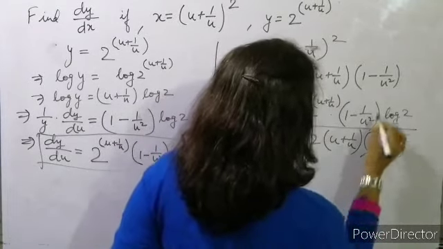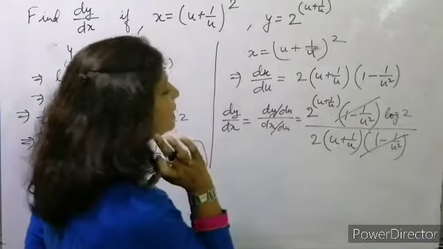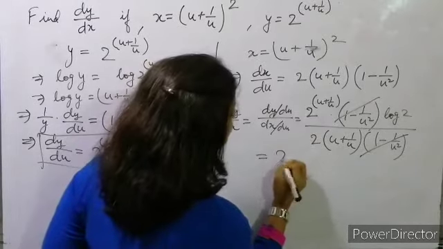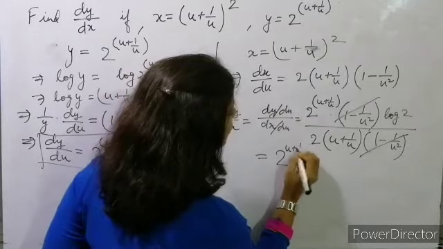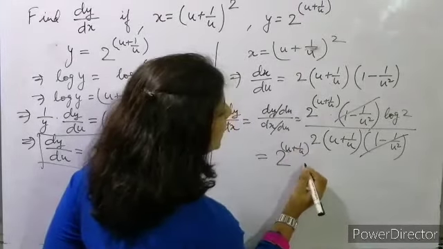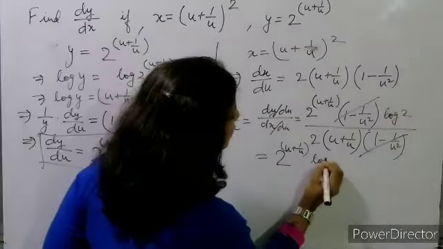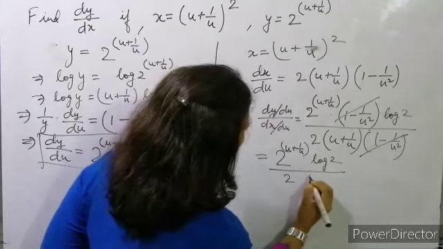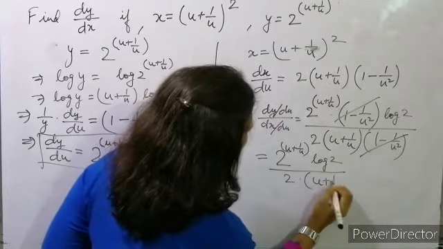So 1 minus 1 upon u square cancel, and now this one will be equal to 2 to the power u plus 1 upon u and multiplied by log of 2 divided by 2 multiplied by u plus 1 upon u.